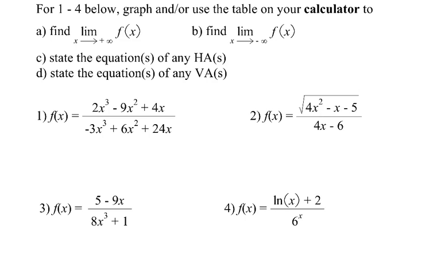So before we get into too many details, A and B are really talking about what happens to the function as we go way to the right or way to the left. So for instance, there are really 3 cases.